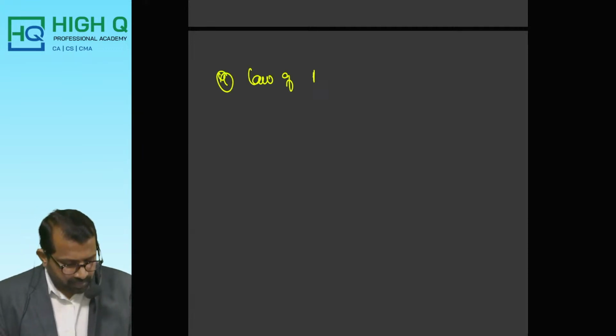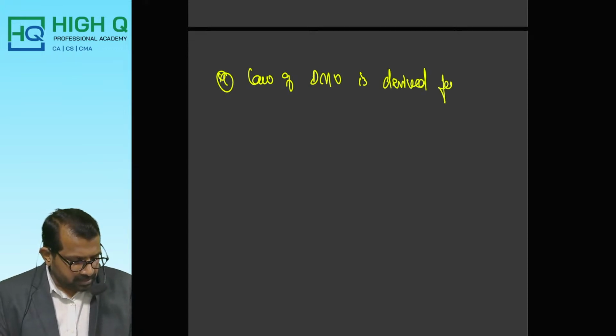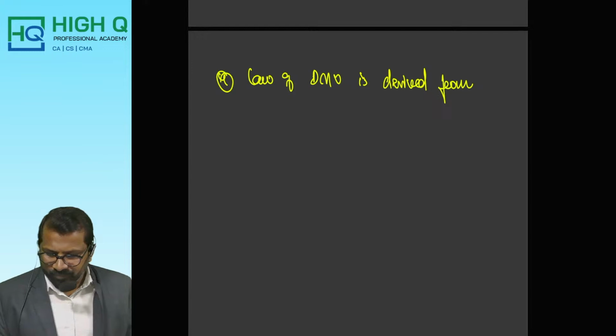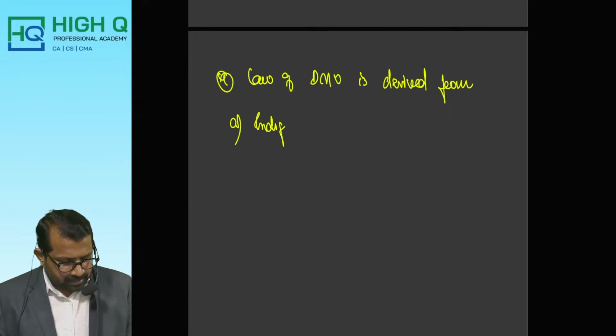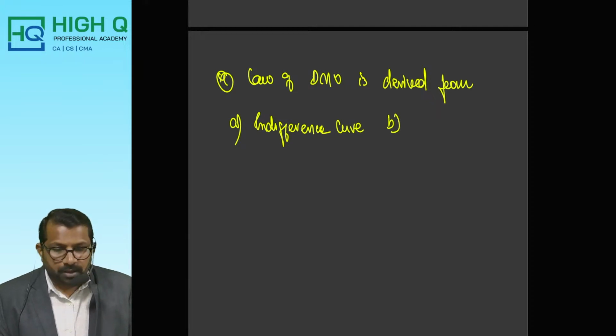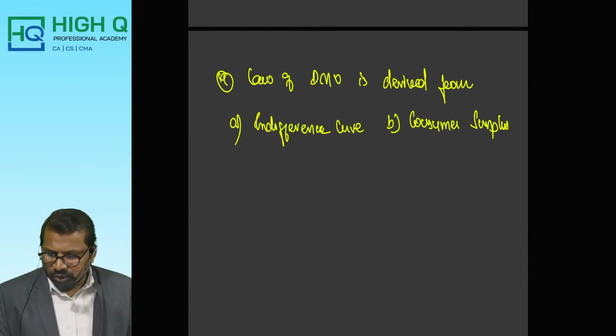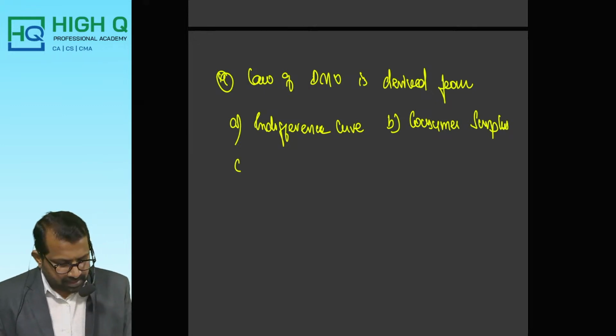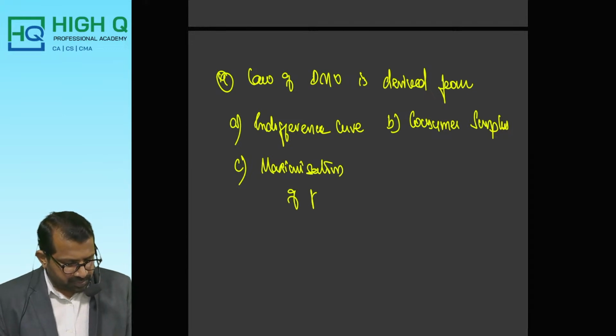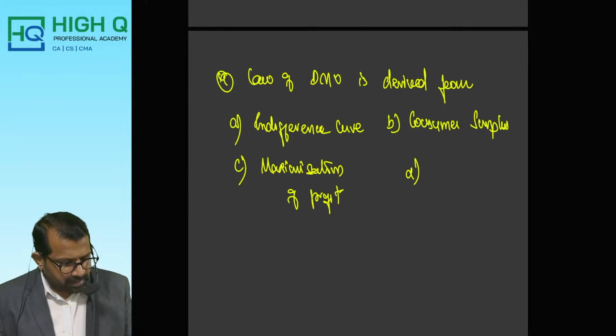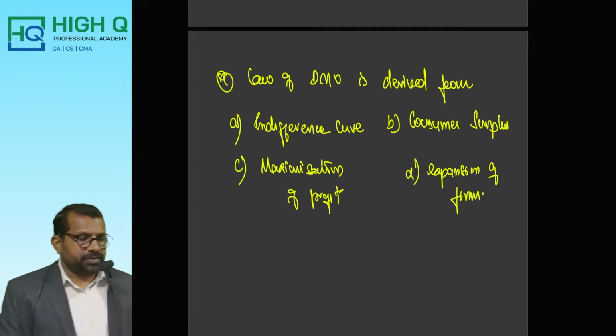The law of diminishing marginal utility is derived from: A. Indifference curve, B. Consumer surplus, C. Maximization of profit, D. Expansion of firm.